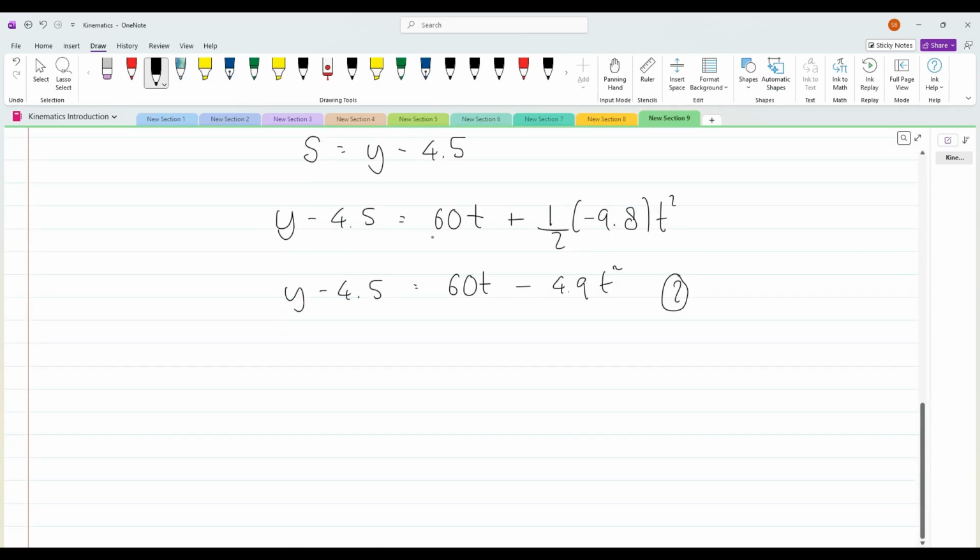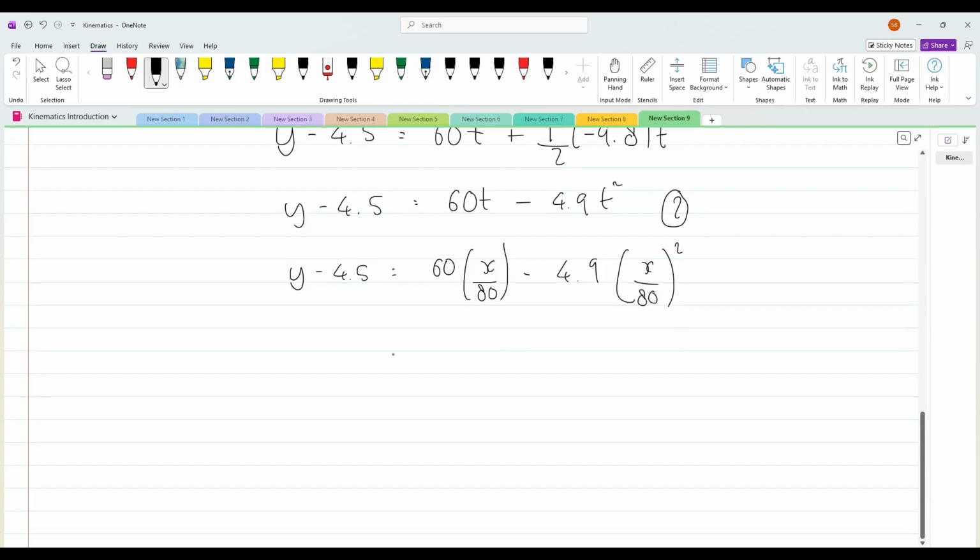Now let's substitute equation 1 into equation 2. So we have y minus 4.5 equals 60, equation 1 now, x over 80 minus 4.9 x over 80 squared.